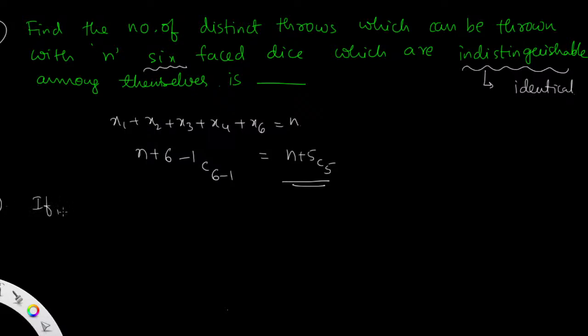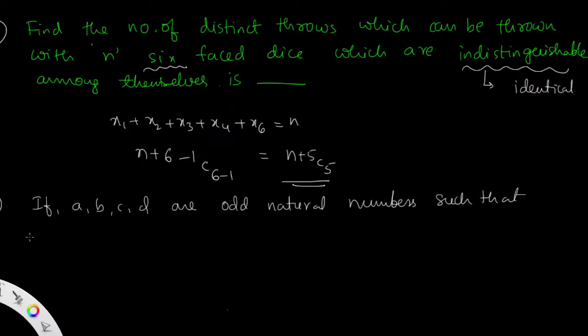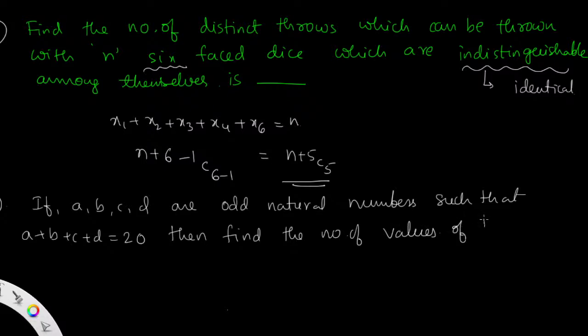If A, B, C, D are odd natural numbers such that A plus B plus C plus D equal to 20, then find the number of values of the ordered quadruplet is dash.